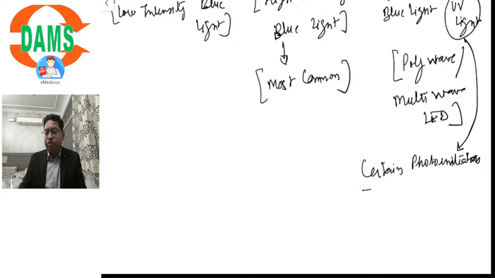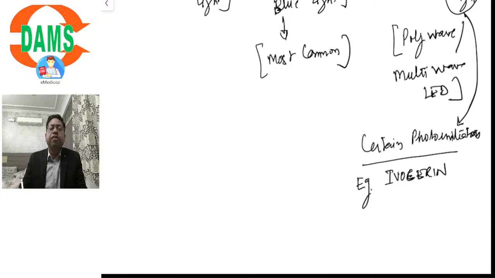But certain photoinitiators, for example, ivocerin, require what? Ultraviolet light. So some of the composites which are specifically manufactured with a different type of photoinitiator like ivocerin require some component of ultraviolet light along with blue light.